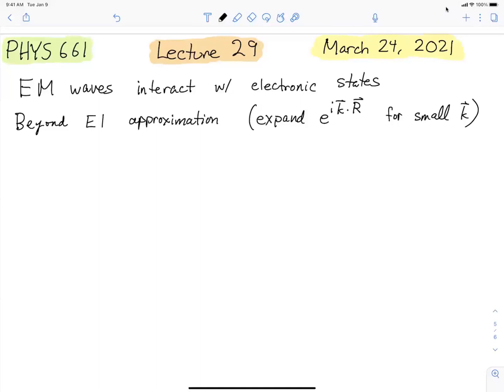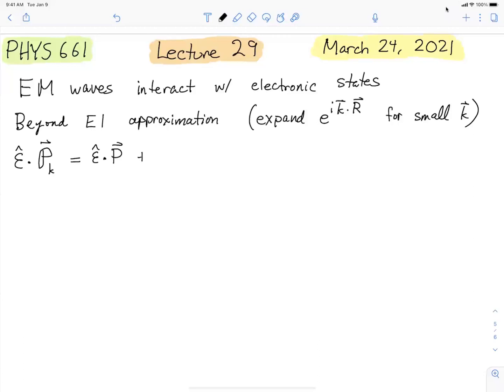So the operator that occurs in matrix elements is the dot product of the polarization of the wave with an operator that's acting on the electronic states. When you expand that out, the first term is the dipole term, which is just proportional to the momentum.